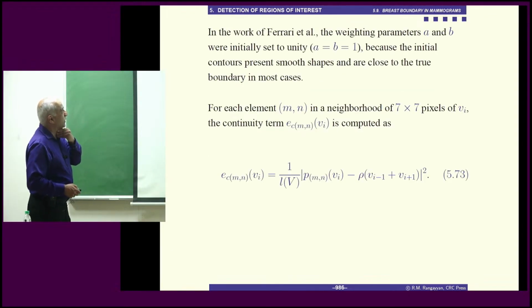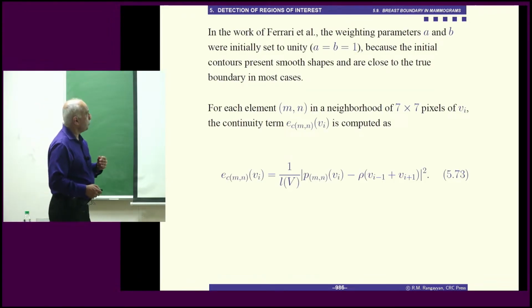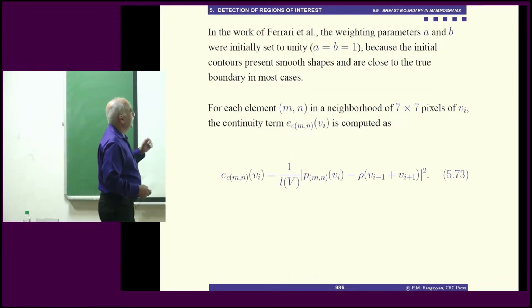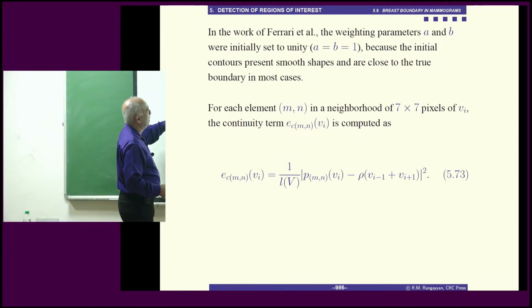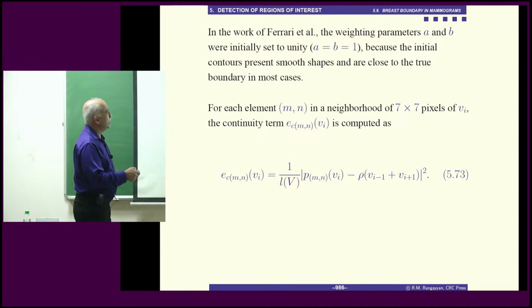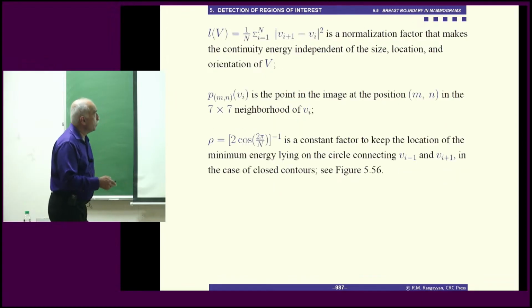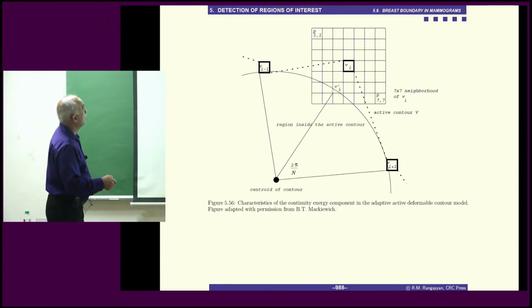So the parameters were initially set to just 1. For each element mn in the neighborhood of a pixel Vi on the discrete sampled contour, the continuity term is computed in this manner: 1 over Lv, P mn(Vi), that is a pixel close to that, rho minus (Vi minus 1, Vi plus 1) here.